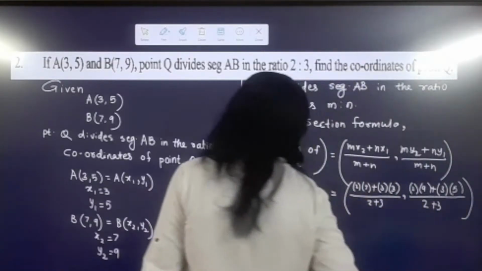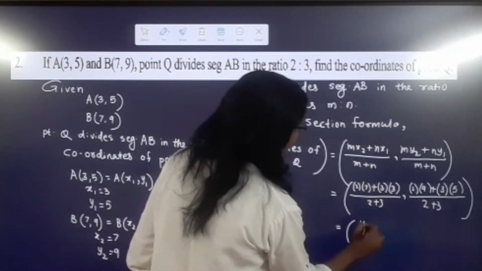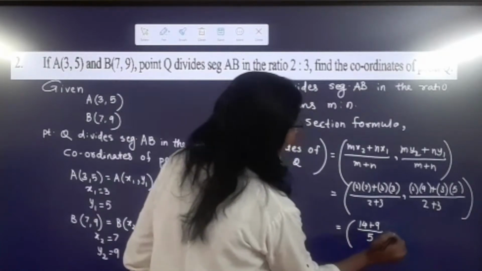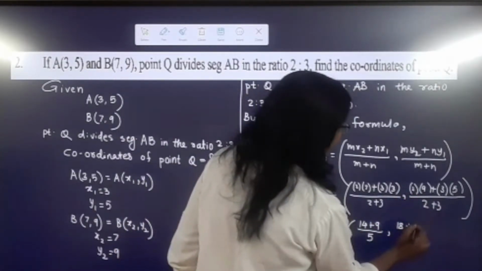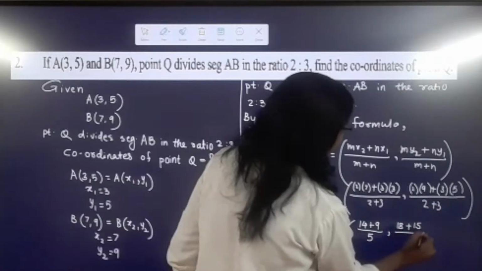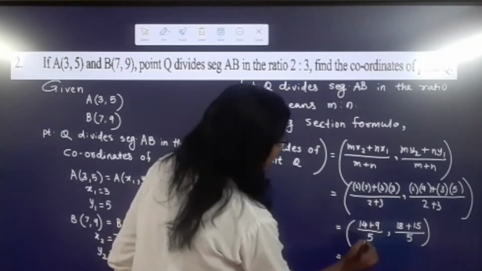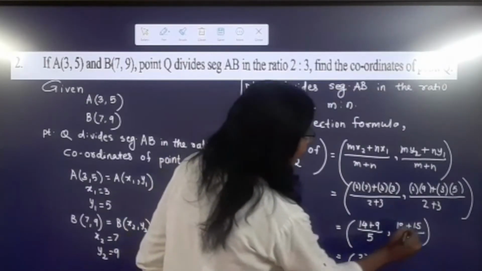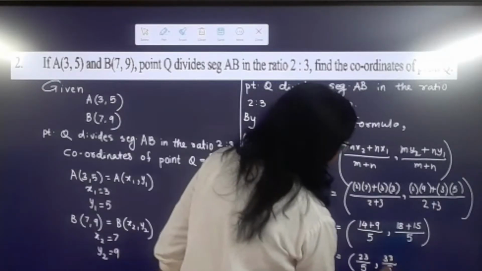So now we solve this. 7 2s are 14 plus 3 3s are 9 upon 5, and 2 9s are 18 plus 3 5s are 15, so 18 plus 15 upon 5. So 14 plus 9 is 23 upon 5, and 18 plus 15 is 33 upon 5.